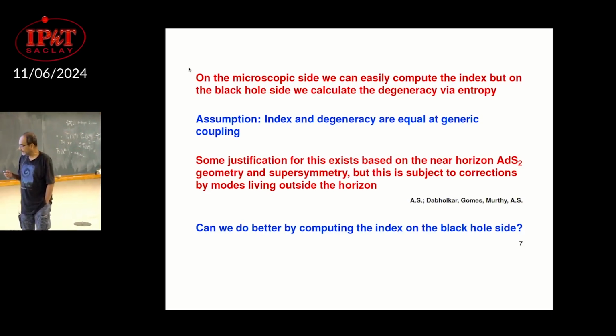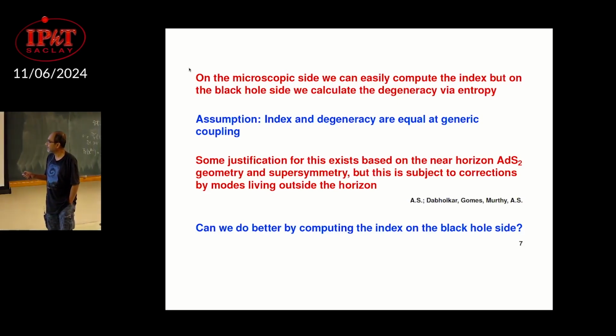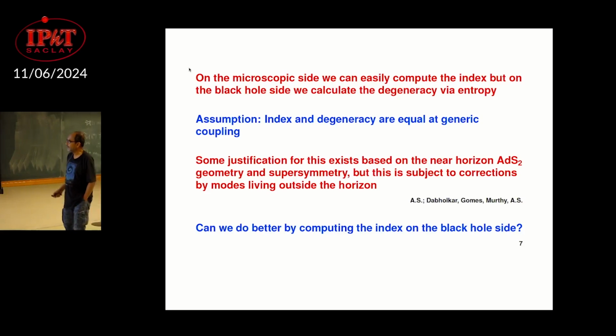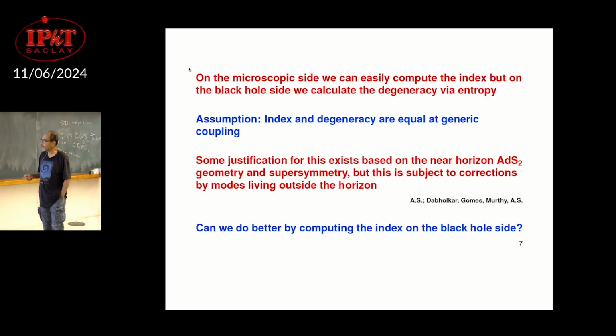And there is some justification of this, based on the near horizon AdS2 geometry and supersymmetry. But this is subject to corrections by modes living outside the horizon. So this justification holds only for the modes in the horizon. If there are modes living outside the horizon, then that argument fails.